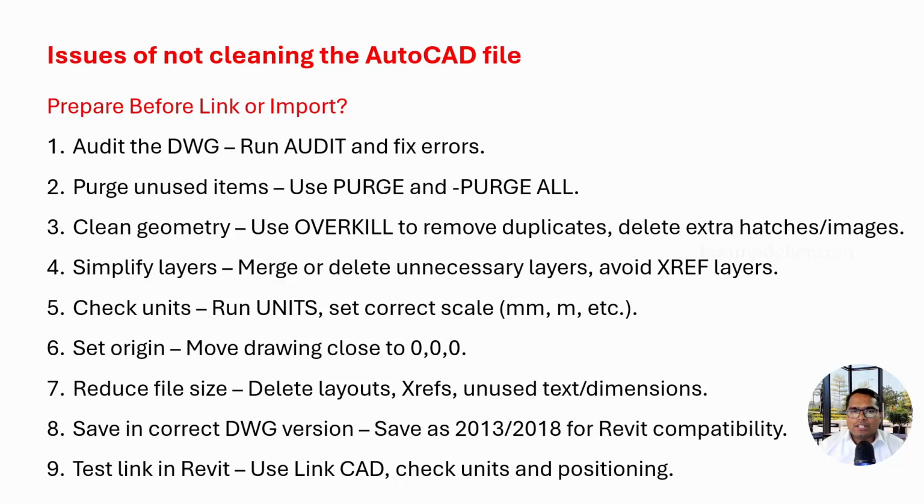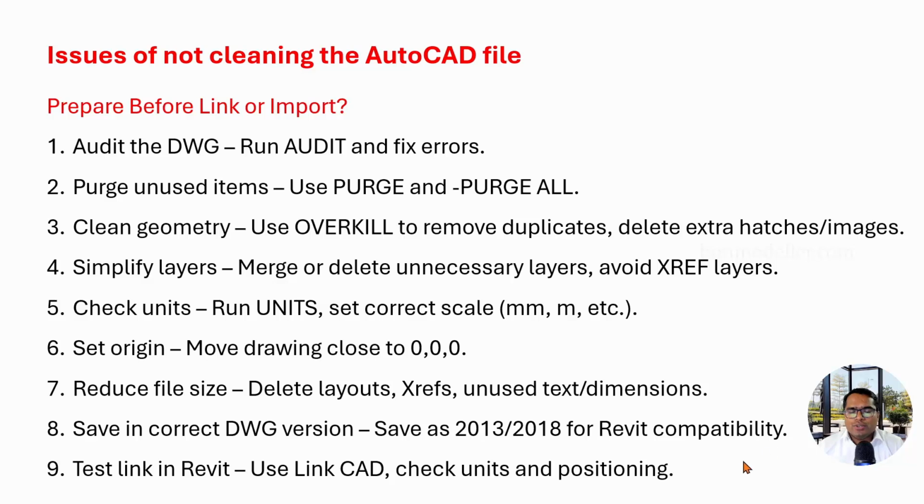While linking in Revit, there is an option where you can import or link only the layers that are visible. That way it is much more helpful while making the link.